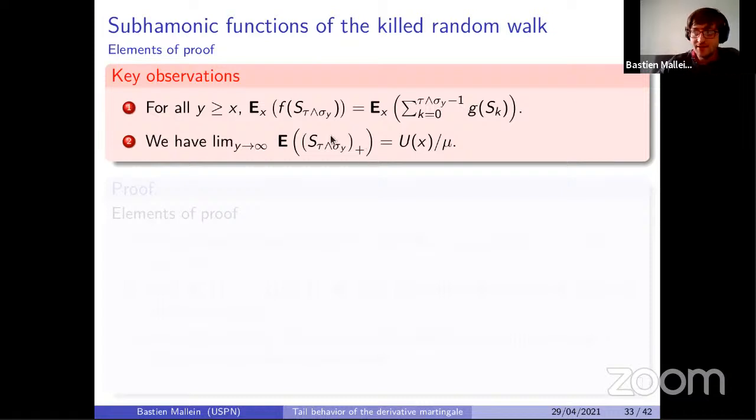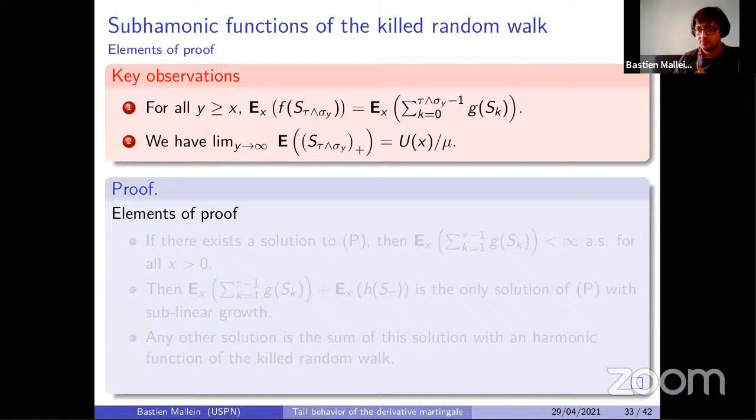So basically, the expectation of s_sigma_y, the expectation of the position at the first time where the random walk hits above level y, on the event that the first hitting time of level y happens before the first time where the random walk goes back to 0. This converges as y goes to infinity to u of x divided by u. So this limit is a harmonic function of the killed random walk that grows exactly like x.